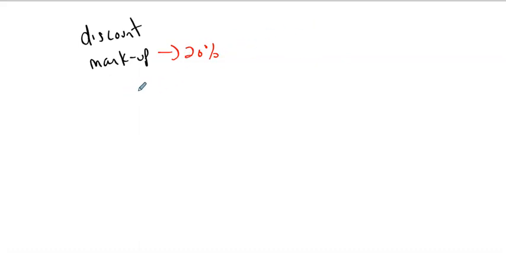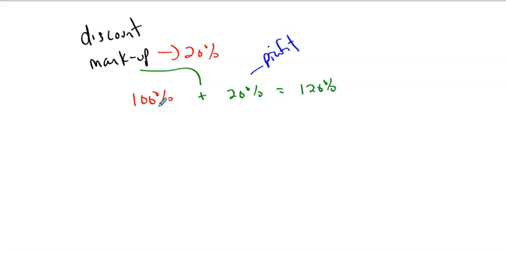You own the item at 100%, you add 20% to it, and you end up selling it for 120%. The 120% is not all profit; the 20% is the profit part. The 100% is how much you paid. So the profit was the 20%. That's just a quick recap from last year.